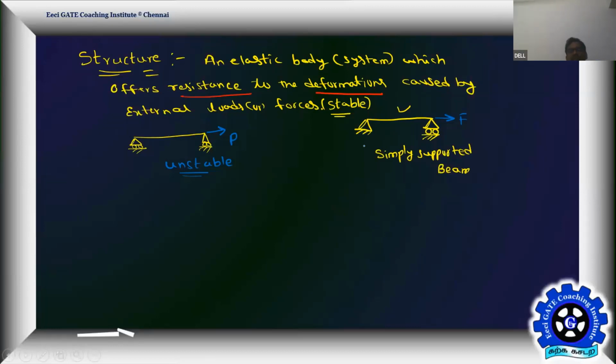So the hinge has the capacity to resist the vertical forces as well as the horizontal forces. Whatever force I applied over here, the same force is taken by the hinge support and a reaction is going to form over here. Are you getting the point? But reactions are not going to develop here in the case of the roller support because the roller support has the ability to resist only vertical loads.